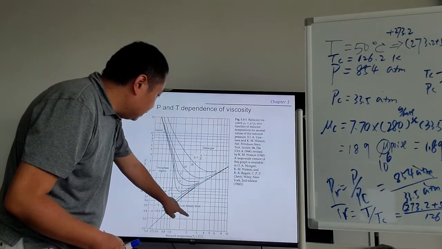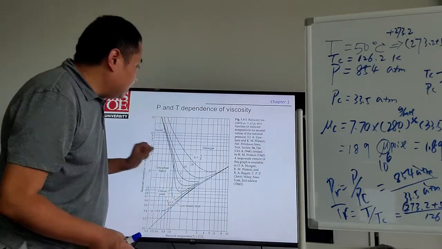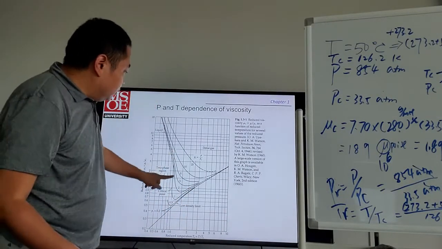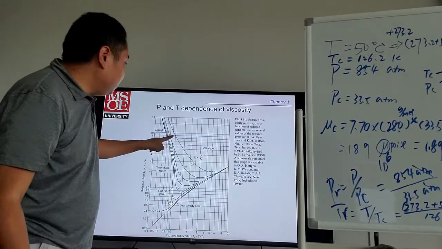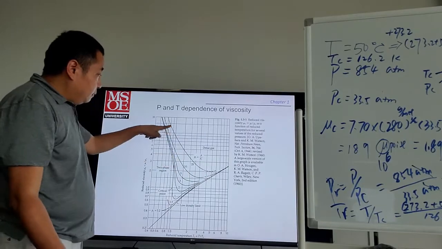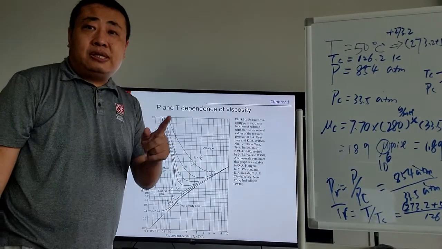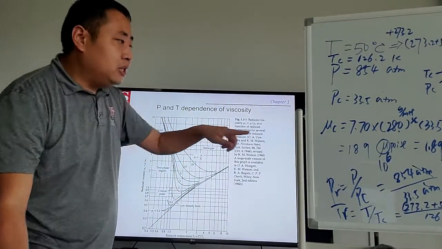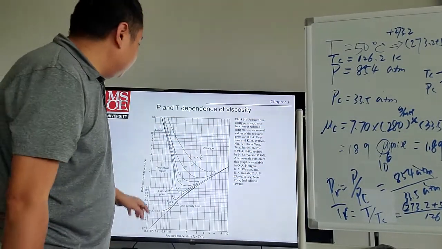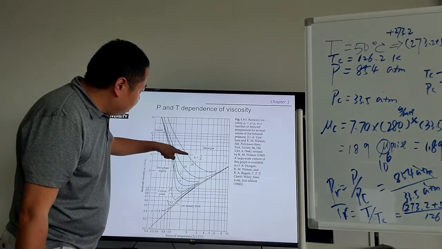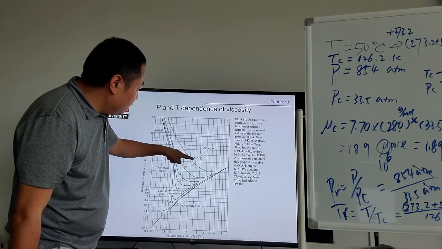We extend this line, and there are different curves, and we choose the one based on the pressure. Remember, each curve is taken at a specific pressure. PR is 25.5, so this is the pressure curve for 25.